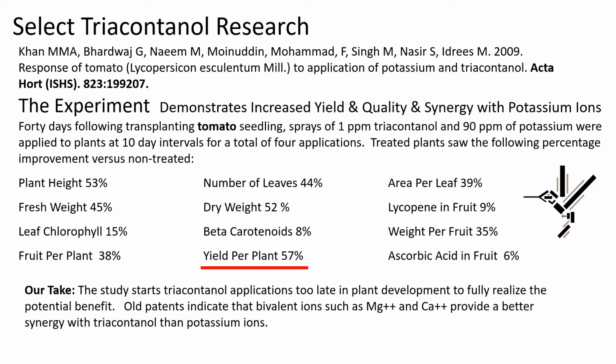So that's one way they possibly could have improved on the yield. Also, one of the old patents recommends combining tricontanol with bivalent ions like magnesium or calcium, but they got very good results combining it with potassium, and we don't know if that's a necessity. I don't think so, because in other studies it isn't.